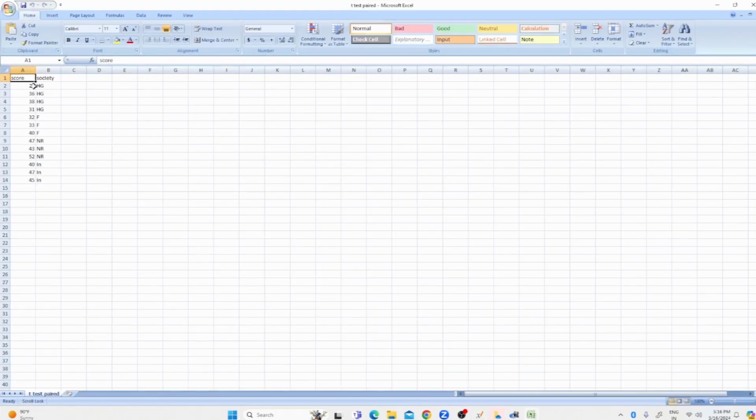As we told you, there are two levels only, score of group 1, treatment 1, and treatment 2, okay.